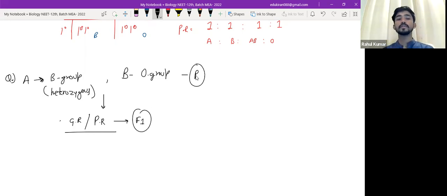This is the only information given to you. Very little information. Parent A has blood group B and is heterozygous for the alleles, and parent B has blood group O. No information for the alleles. You have to find GR and PR. Can you do it, everyone? Yes, do it.